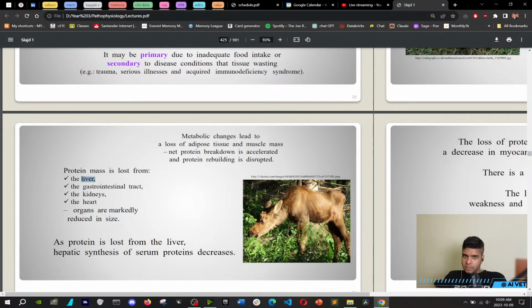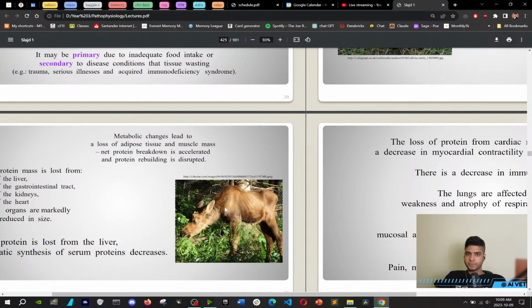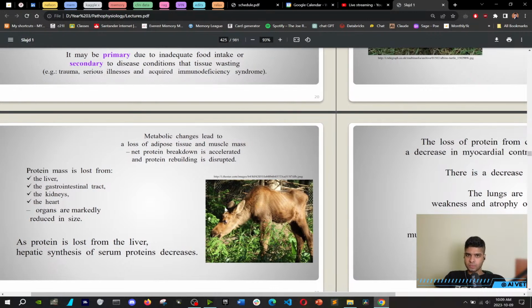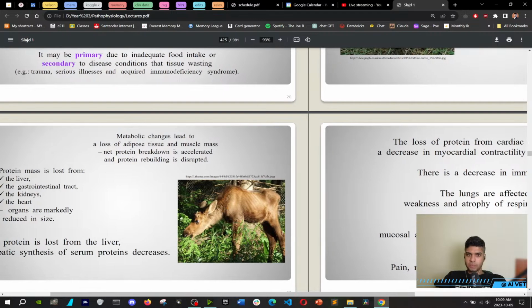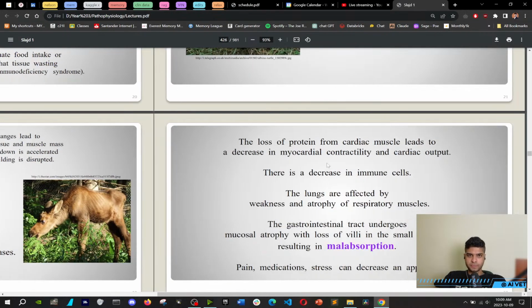The loss from liver, GI tract, kidney, and heart: organs are markedly reduced in size. As protein is lost from liver, hepatic synthesis of serum plasma proteins decreases.